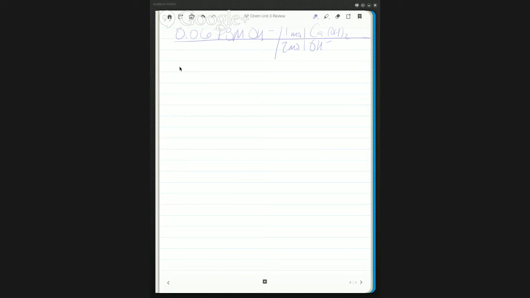So the concentration of the CaOH2 is equal to 0.0339 molar CaOH2. Okay. Excellent.